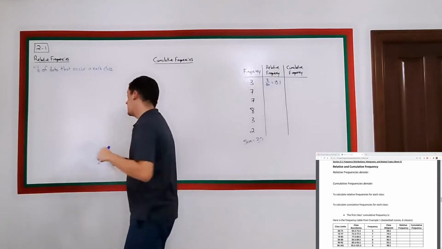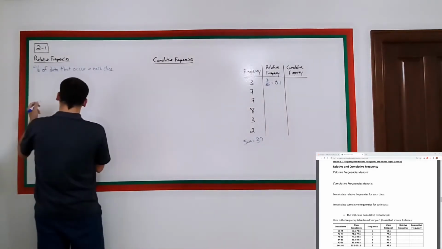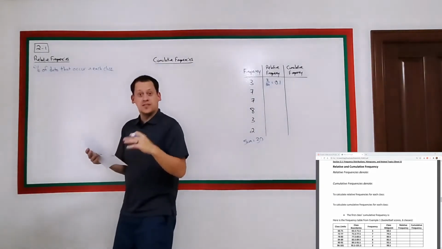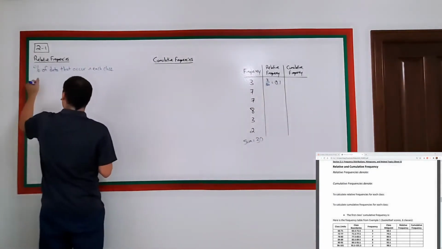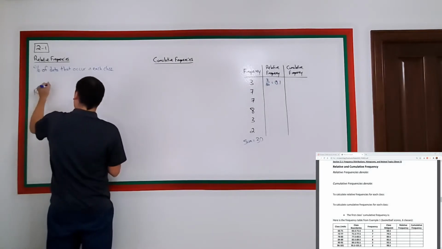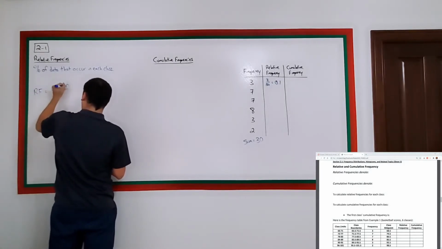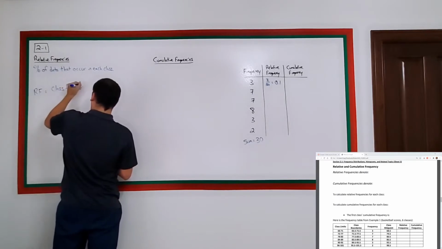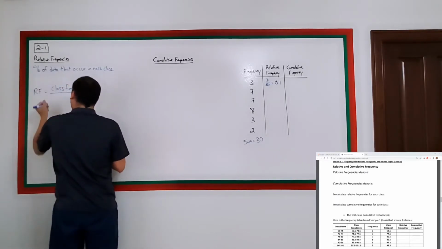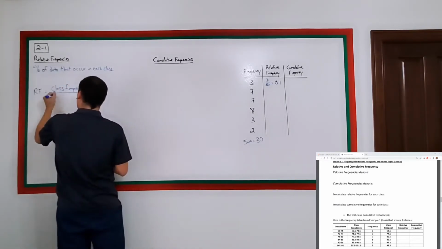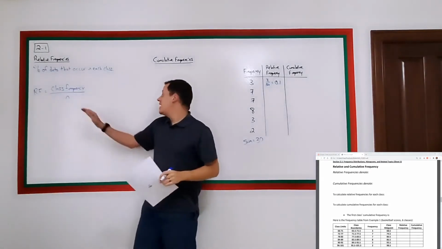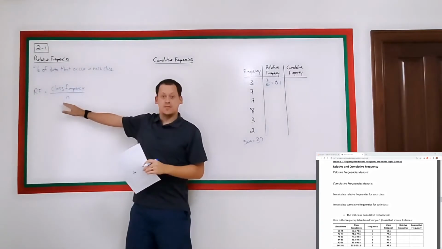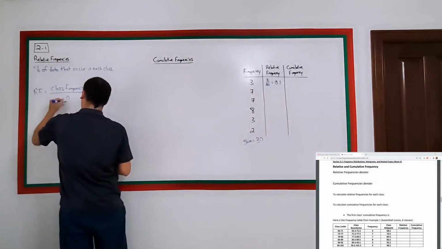So to calculate the relative frequencies for each class, what you would do is take, so relative frequency equals the class frequency divided by n, which is going to be the total sample size. N is the sample size.